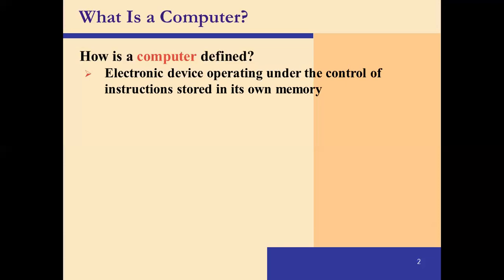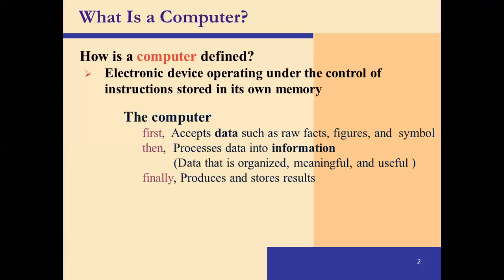Okay. Now, first, how does a computer process data? First, the computer accepts the data that we give it, like raw facts, figures, symbols. You can say that the calculator is also a form of a computer. It is a computing device. You use a calculator in mathematics, do you?